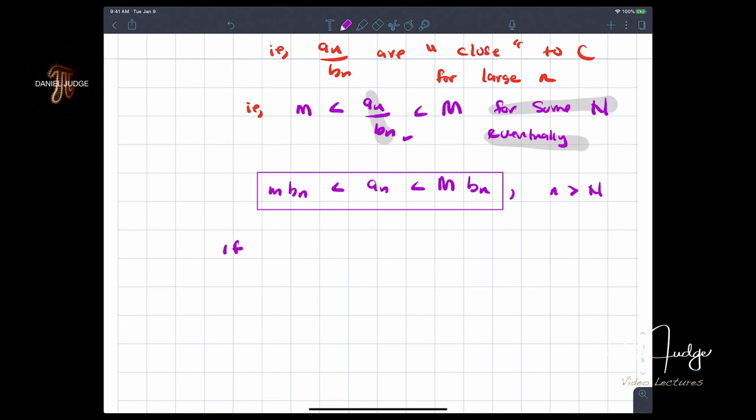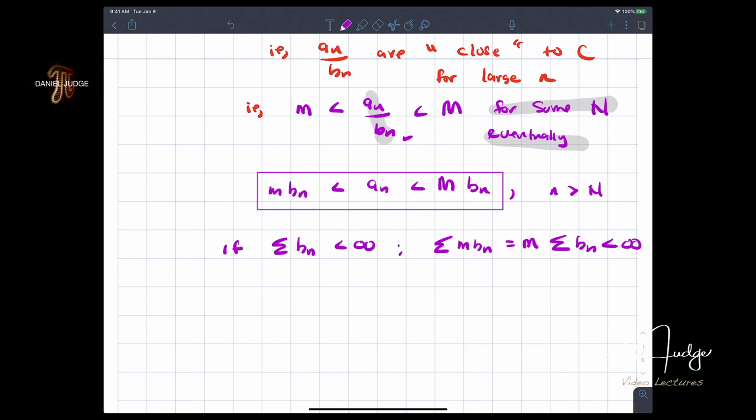If the sum of b_n is finite, okay, so we're going to take the b_n series, and remember, that's what we know. If the sum of b_n is finite, that's this assumption, that it converges, then what that means is that the sum of m b_n, since m is a positive constant, by properties of series, bring out that m, the sum of b_n is also finite.